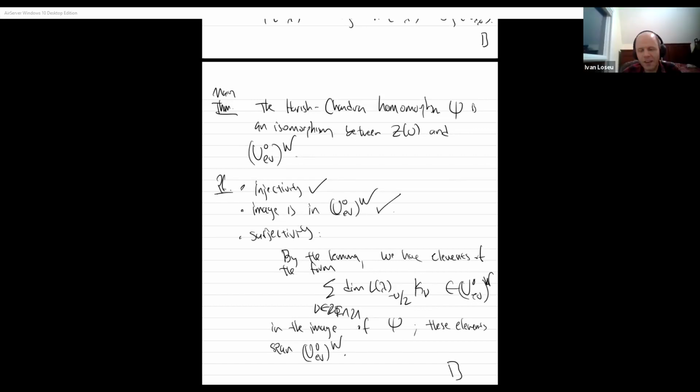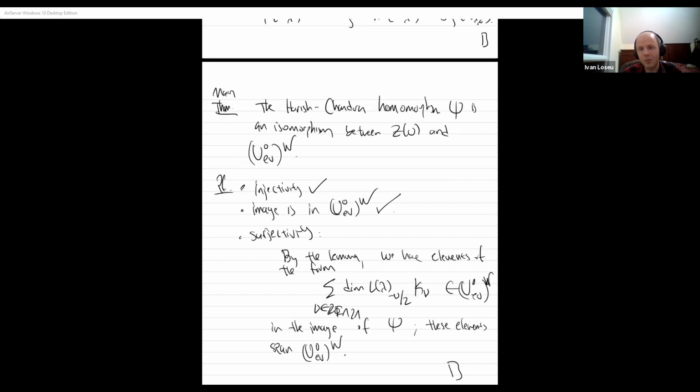So maybe just a very quick comment. This U0 to the W has an obvious basis of characteristic elements of the orbits. And then the base change matrix from that basis to the basis of these elements which are images of z lambda is unit triangular.